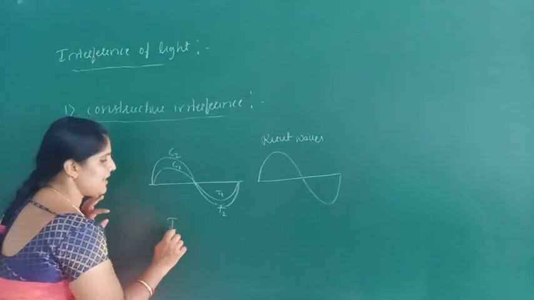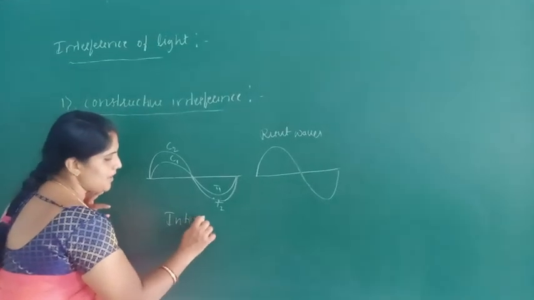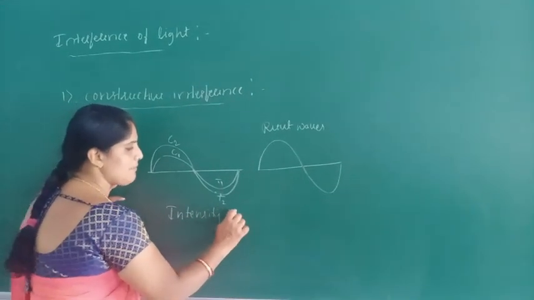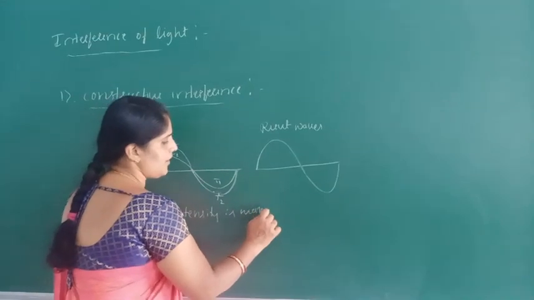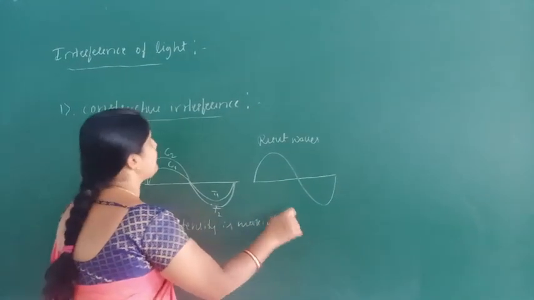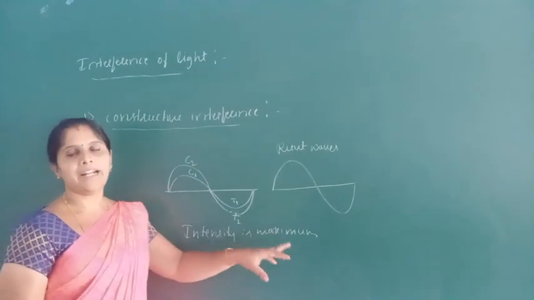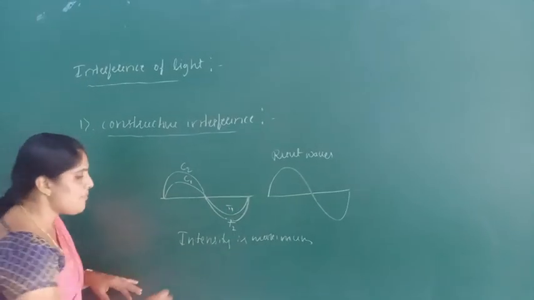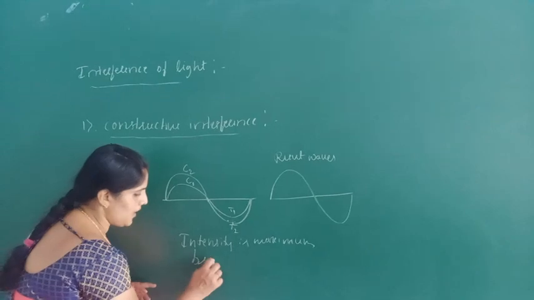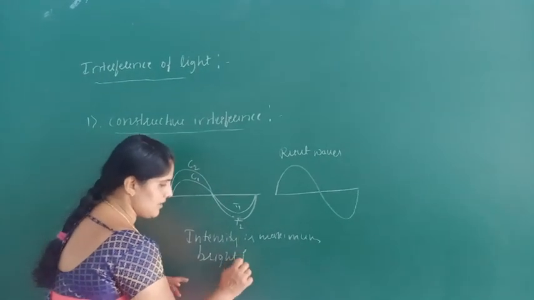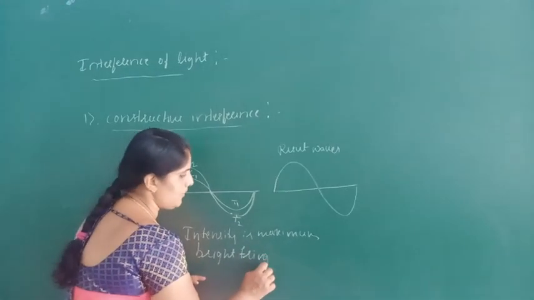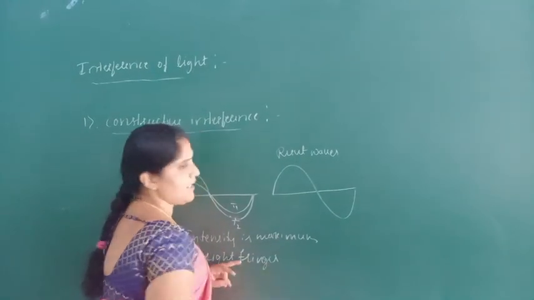That means intensity is maximum during constructive interference. As a result, bright fringes are obtained.